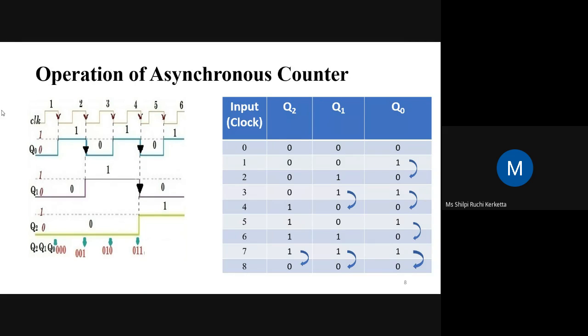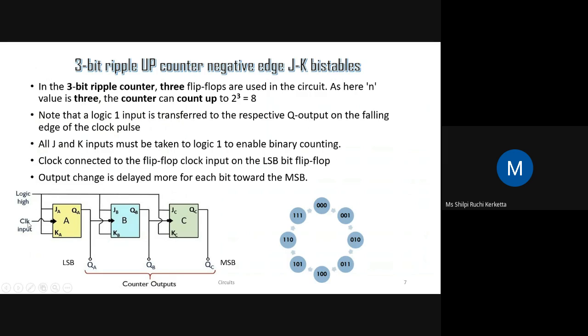So here we are giving a clock. First, this is negative edge triggered, so whenever we get a 0, that is, in the falling edge, it will change. Initially we are giving everything 0: Q0, Q1, Q2, everything as 0. For Q0, this is the clock.